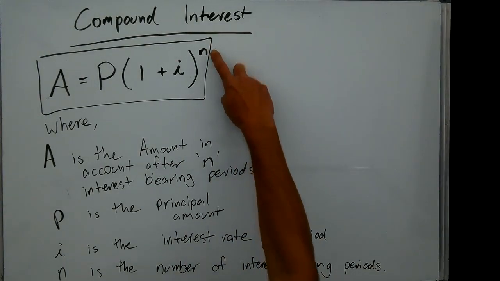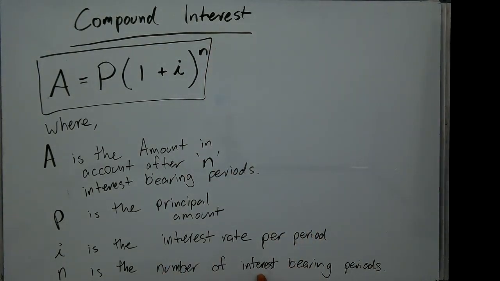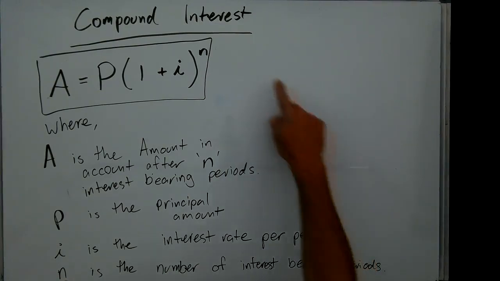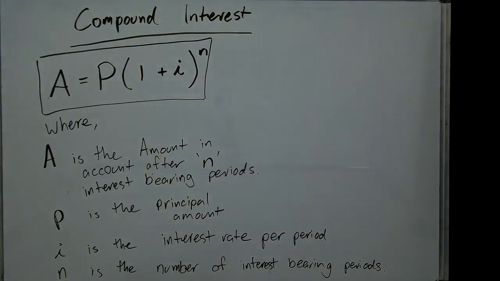And this number n is the number of interest-bearing periods, so that's usually the number of times per year that the compounding happens multiplied by the number of years. So it'll make sense once we start doing a few examples.